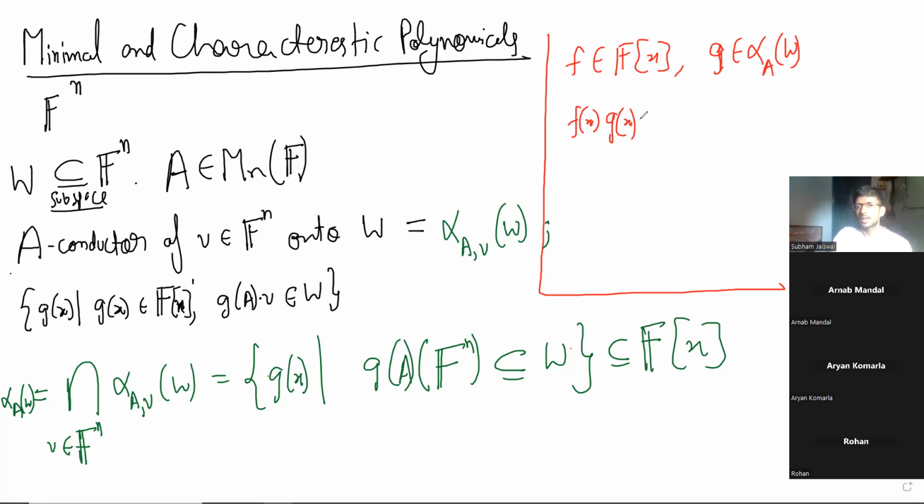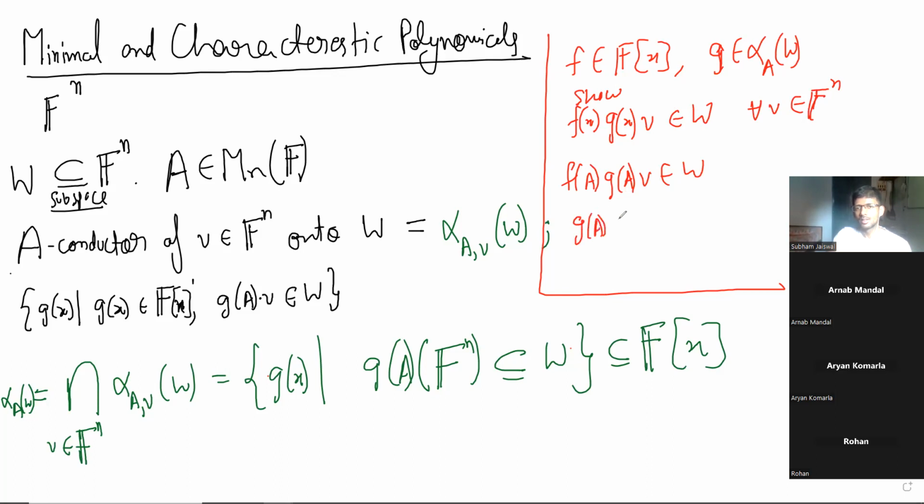Let us check. For any V, this should be in W when evaluated. Matrices are not commuting, but F(A) and G(A) are commuting, right? Any problems?